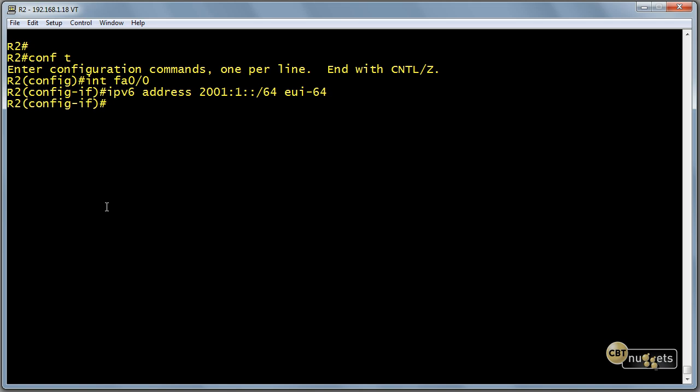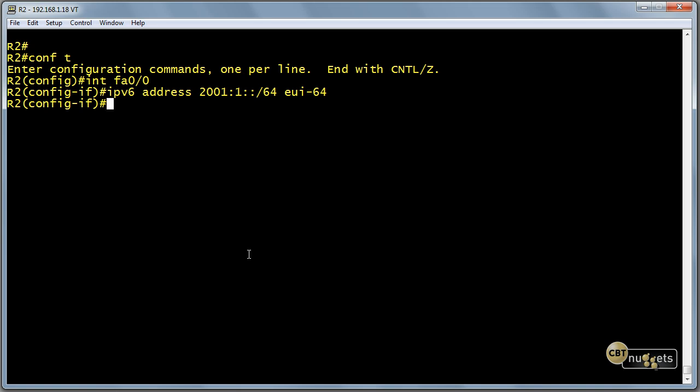What this means is the first 64 bits I assign, and that's the network portion of the address. The last 64 bits, the machine can go ahead and automatically create the host portion of that address. This is the recommended method in IPv6 worlds of setting up the addressing. We do the network portion, we have the host portion created automatically for us.